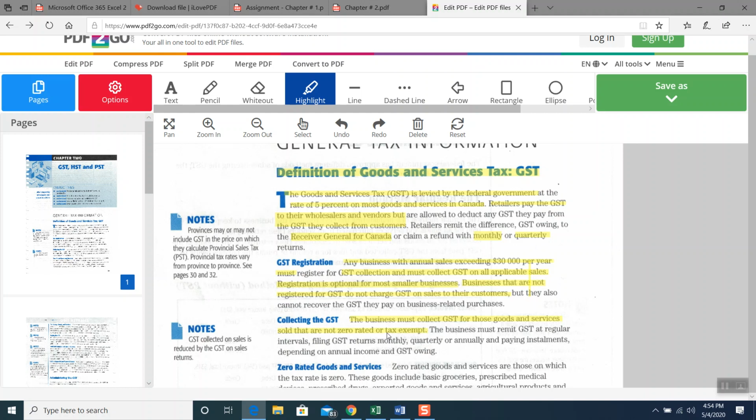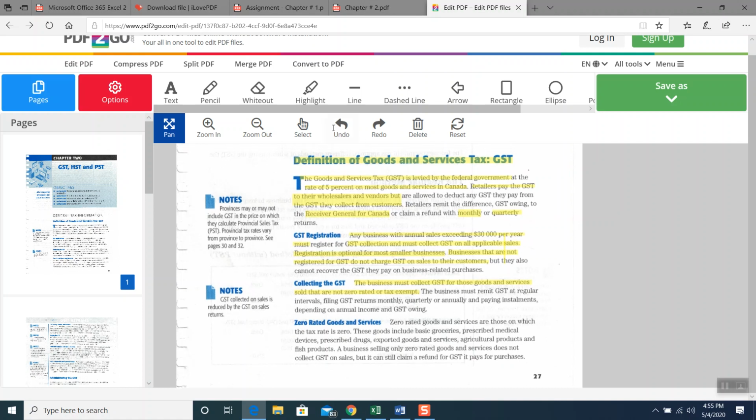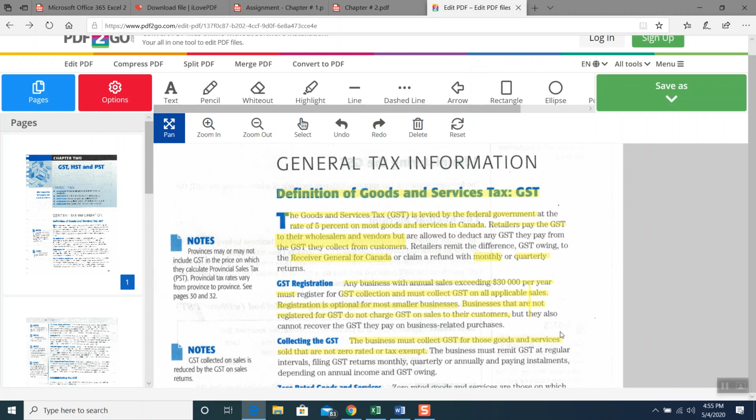The next definition comes right in here, which says zero rated goods and services. What is zero rated goods and services? Let's talk about it. Zero rated goods and services are those on which the tax rate is zero.